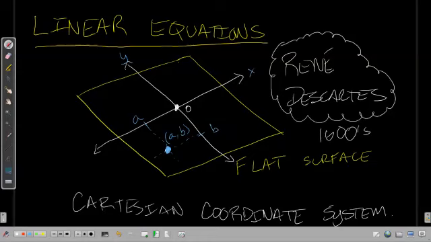A is the x-coordinate, and B is the y-coordinate. Because the number B is on the y-axis, and its appearance in the ordered pair comes second, because ordered pairs always go like x, comma, y, in this order and no other order.